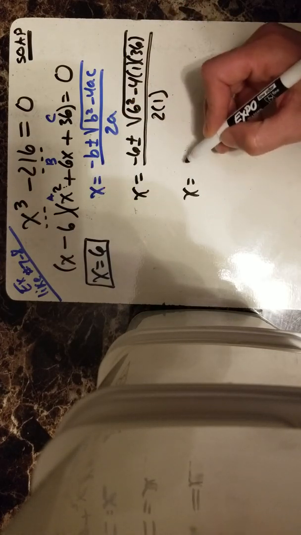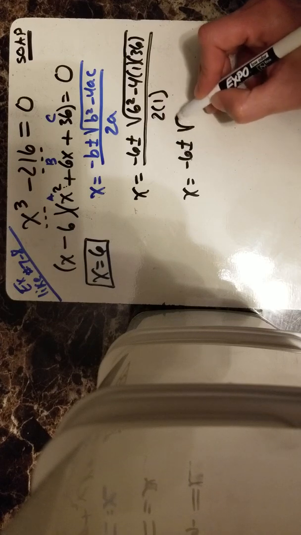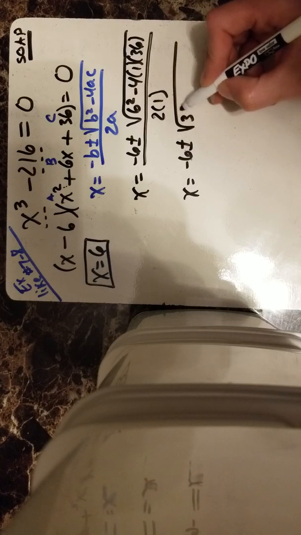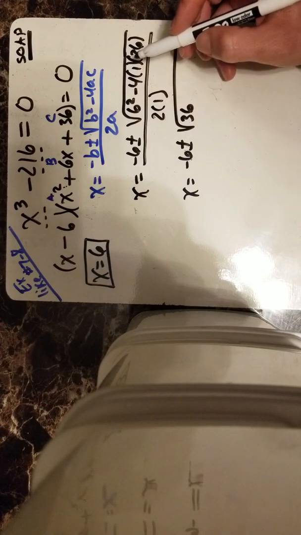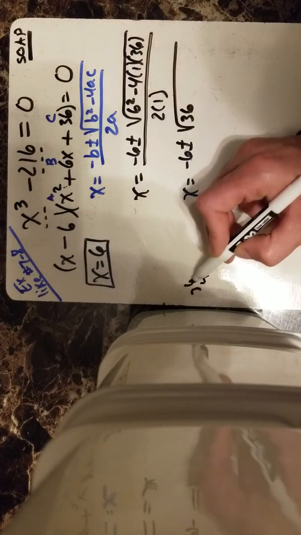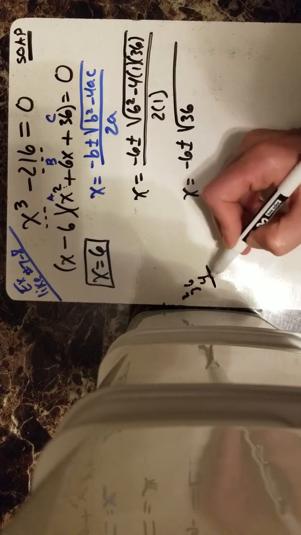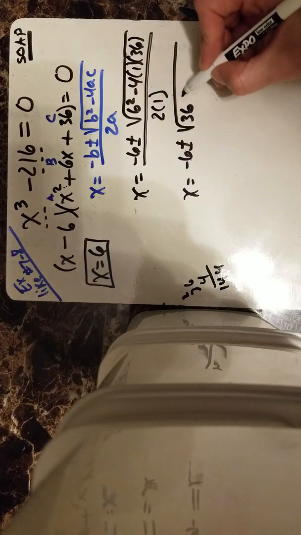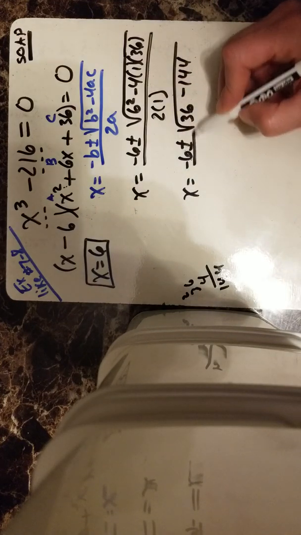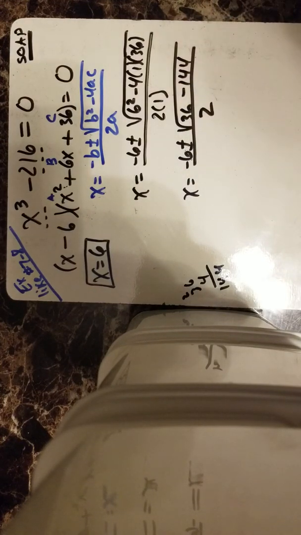So then I need to work on that radical. 6 squared is 36, minus 4 times 1 times 36. I don't have my calculator, I have to do this by hand. 4 times 36 is 144, so minus 144, all over 2.